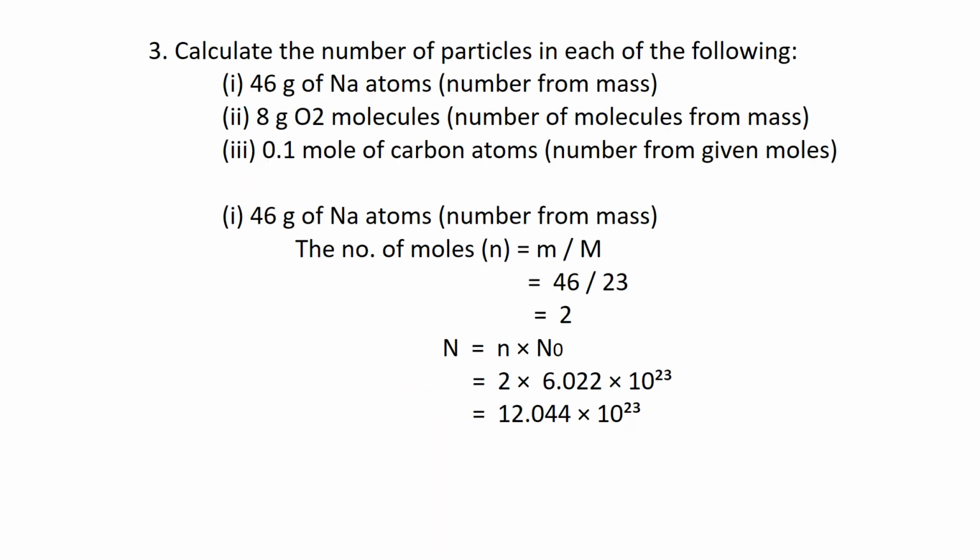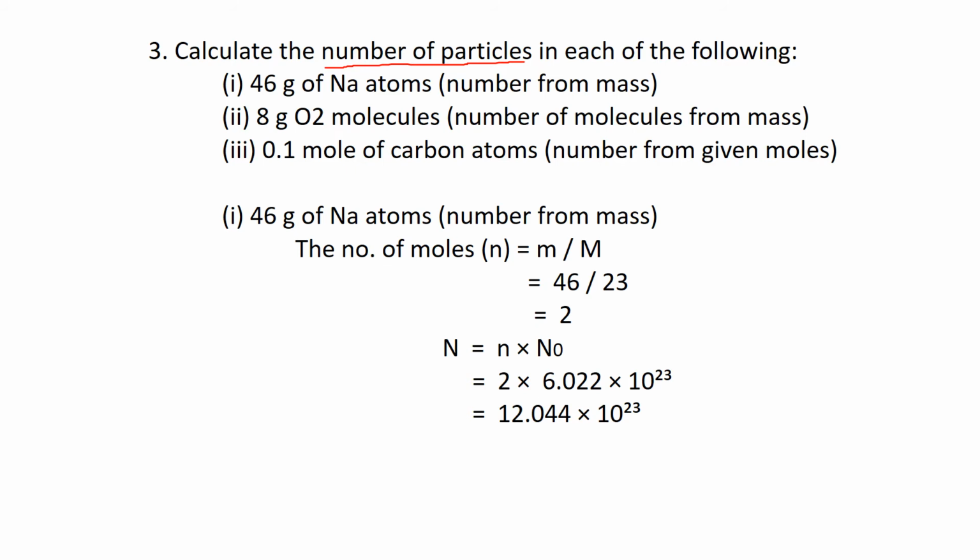So in this way students, now see students, here the question is calculate the number of particles in each of the following. Here what you have to find out is the number of particles, right? So you have to remember first of all what you have to find out. Here you have to find the number of particles, and for finding the number of particles you know the formula, that is number of moles is equal to number of particles upon Avogadro number.